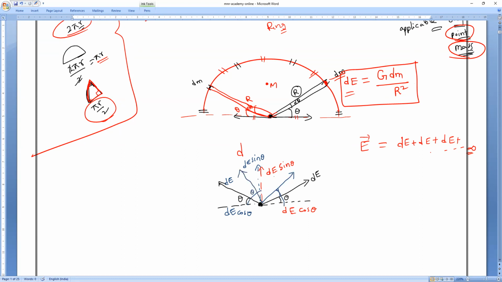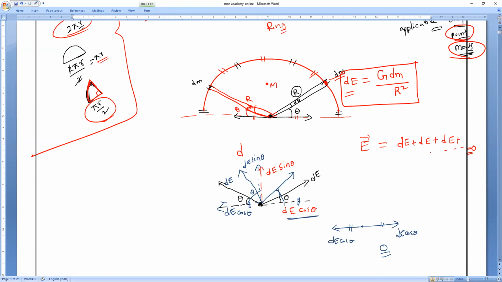But still, see the force which is exerting. Perpendicularly this side, this is dE cos theta, exactly opposite to the other dE cos theta. So these two forces are equal and opposite, and the total force exerted by them is zero. Understanding gravitational field? So now the force is exerting in only one direction: dE sin theta alone.